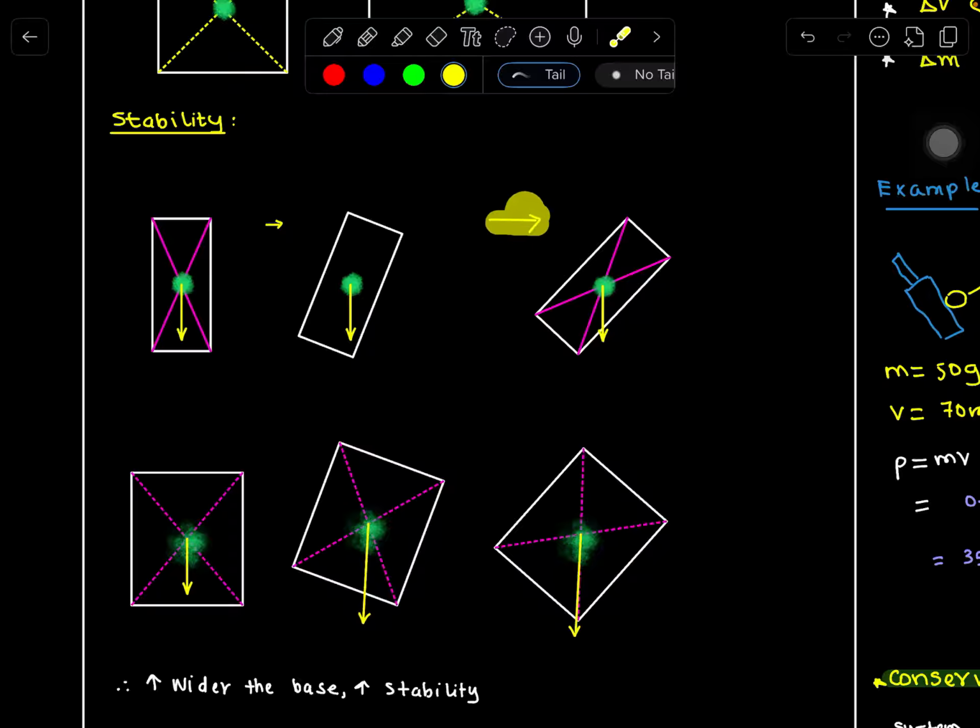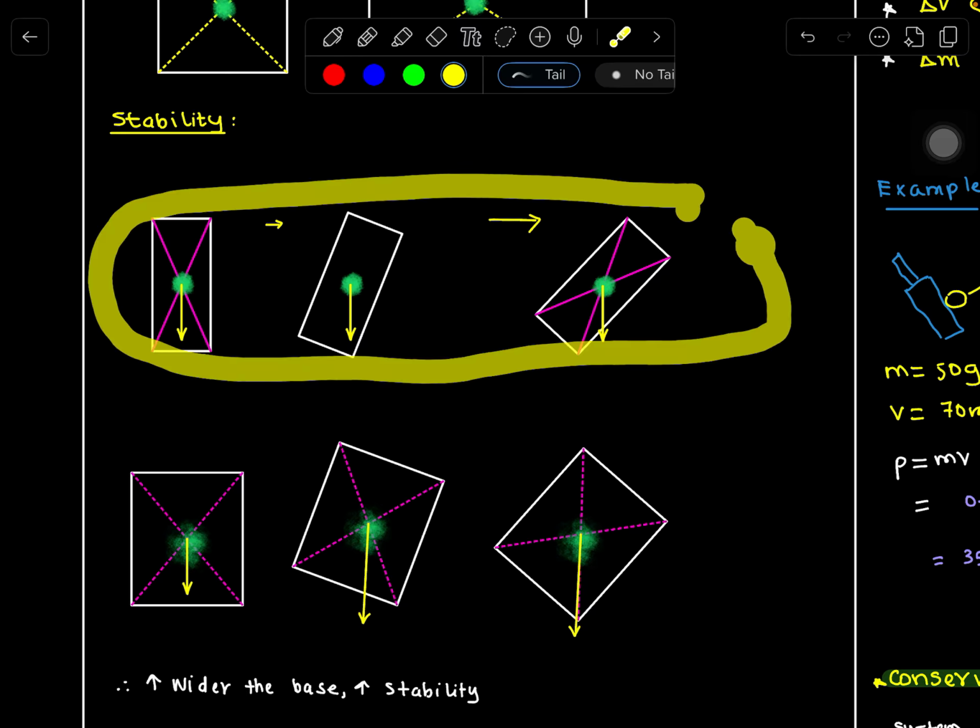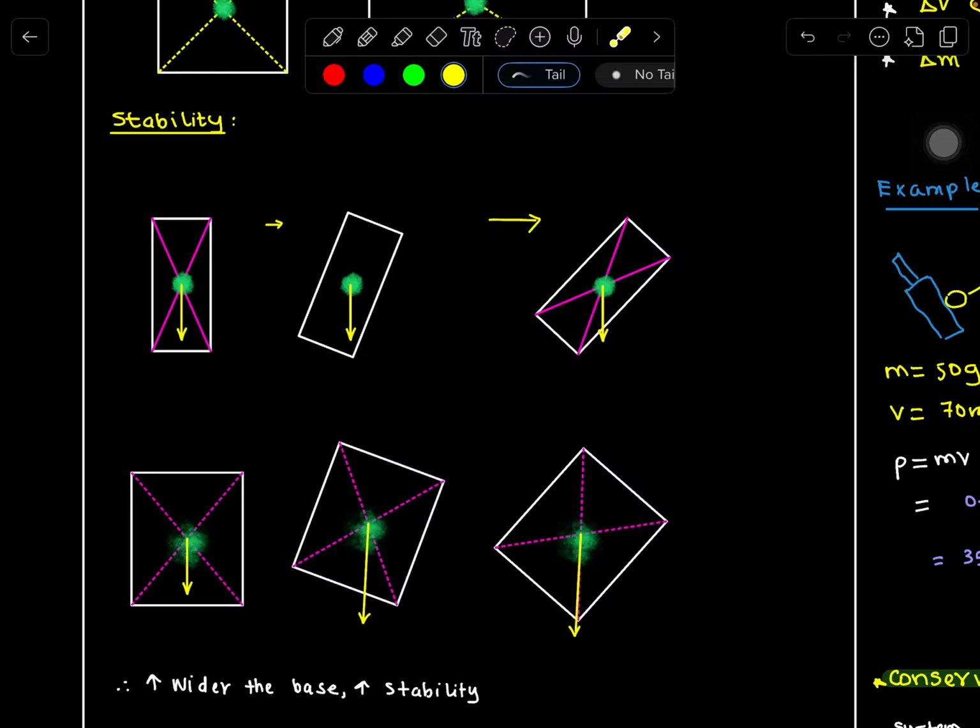And if you apply a bigger force, you will again draw a straight line down, but when it goes outside the baseline, it will topple over. So this concept tells us that the wider the base, the more stable something is.